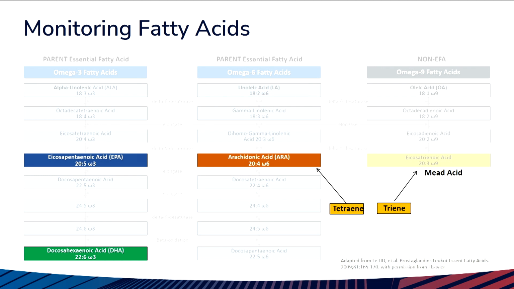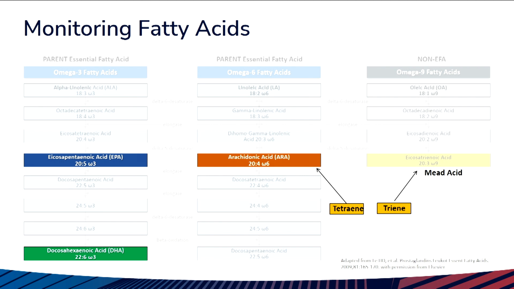That's where you get your triene-tetraene ratio. Your mead acid, which is omega-9, is your triene, and arachidonic acid, which is omega-6, is your tetraene. You'll notice this doesn't take omega-3 into account; it is solely looking at omega-6 and omega-9.